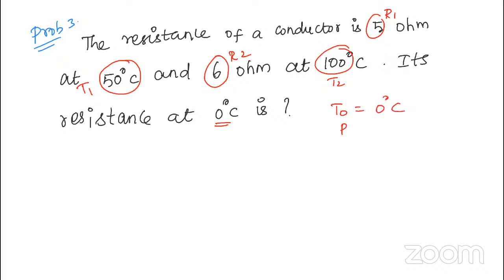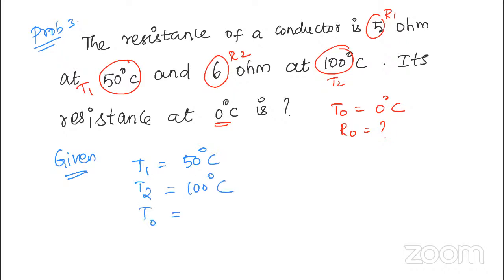So what is the value of R naught? That is the question: what is the resistance at 0 degree? So first write down the given values. Write down what values they have given. Okay, so here they have given the T1 value, that is 50, and the T2 value, it is 100, and the T naught value is 0 degree.